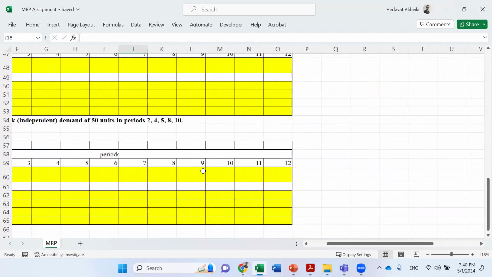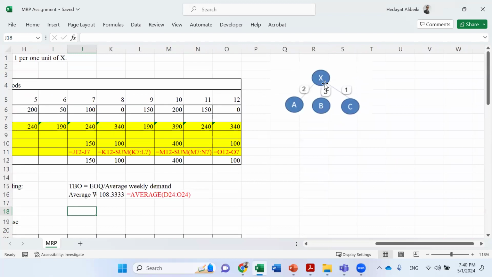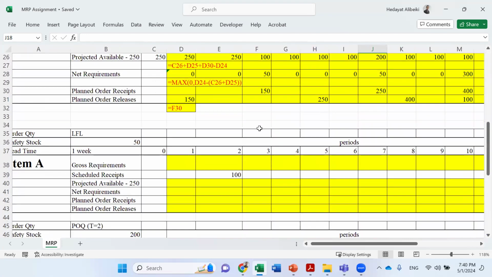Okay, so for this one, for every X, how many C's do I have? 1. So I just need to get the planned order release of X times 1.